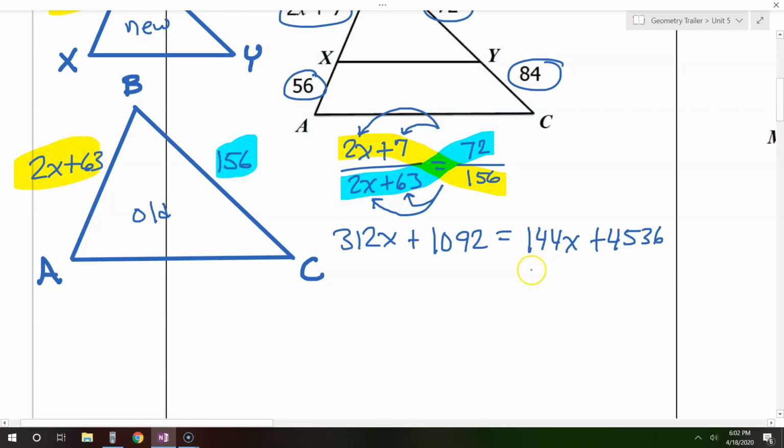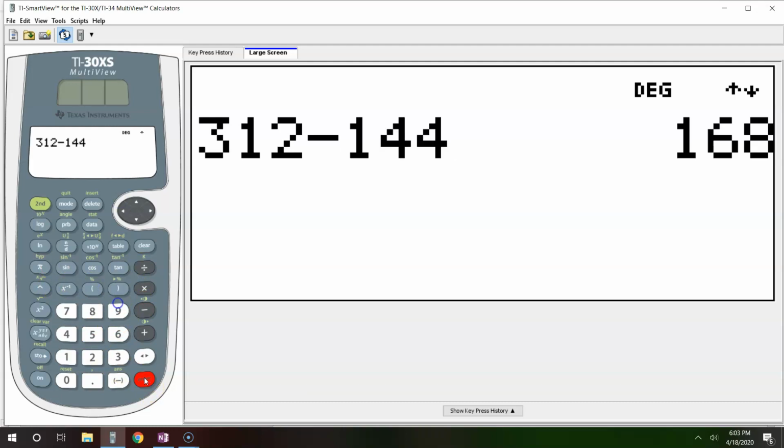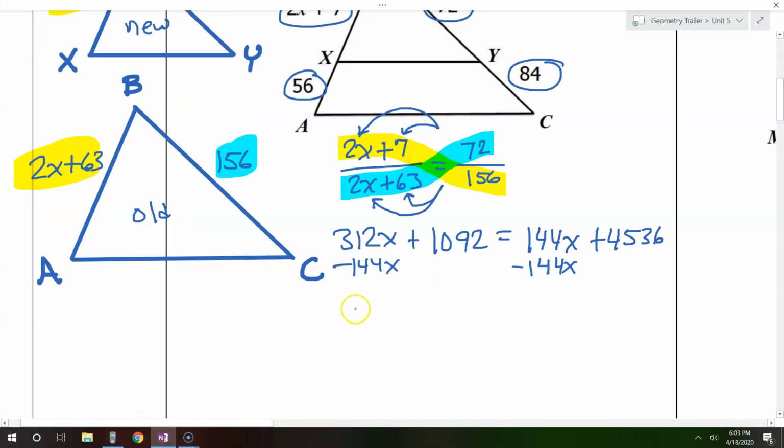Okay, let's get these x's together by subtracting 144x from both sides. So that's 168. So we have 168x plus 1092 is equal to 4,536. Of course, now we will subtract 1092 from both sides.